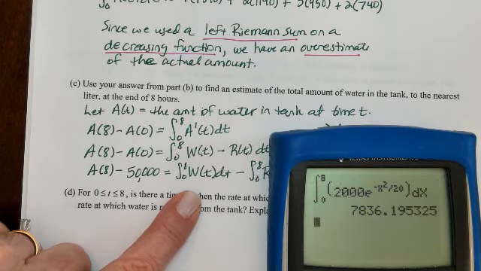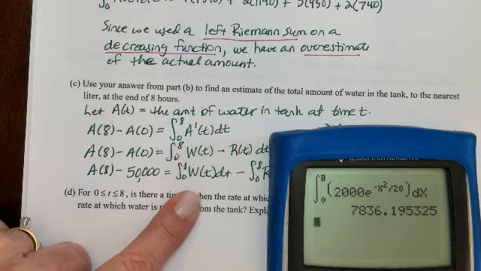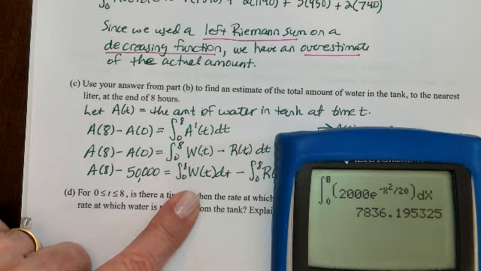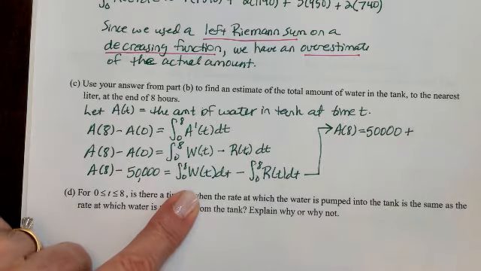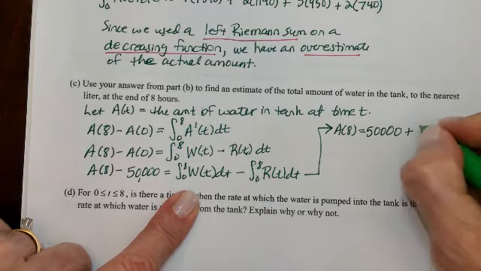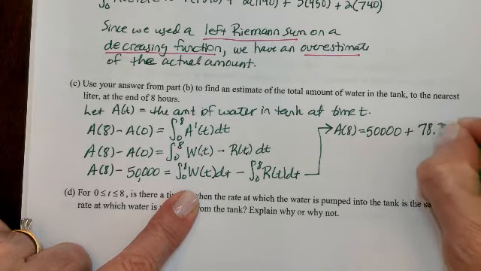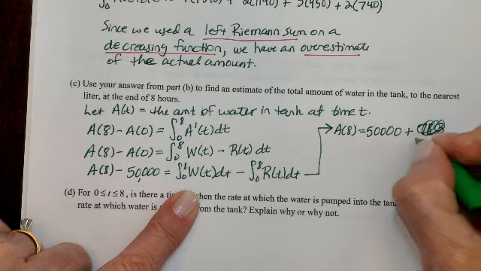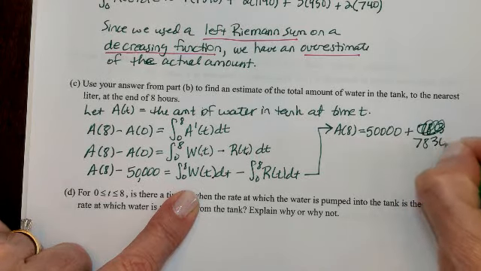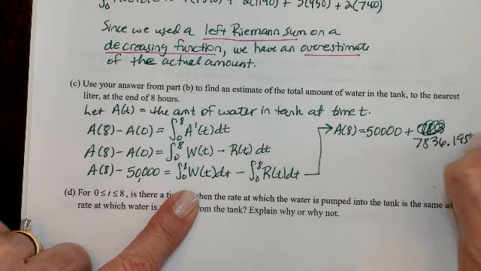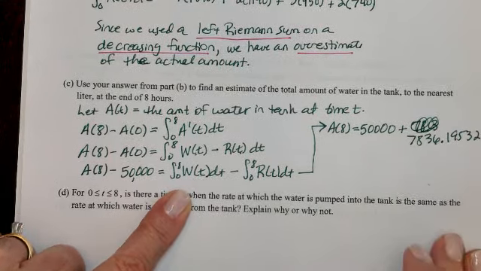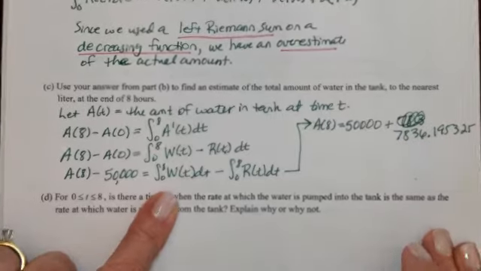So we get 7,836. I'm going to round that to the nearest 3 decimal places, since everything else is going to be, I'll probably give it a couple extra decimal places. It never hurts. We only have to do 3 here. 7836.195325. Why not? Just give everything that's on my screen here.